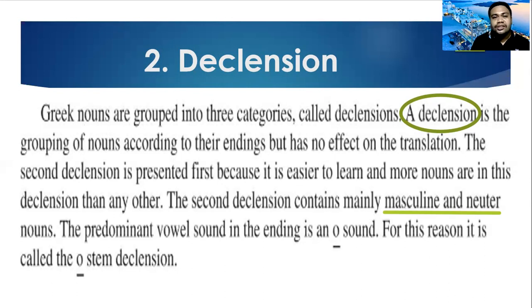This declension is mainly masculine and neuter nouns. The predominant vowel sound in the ending is an omicron sound, or the O sound. For this reason, it is called the O stem declension.